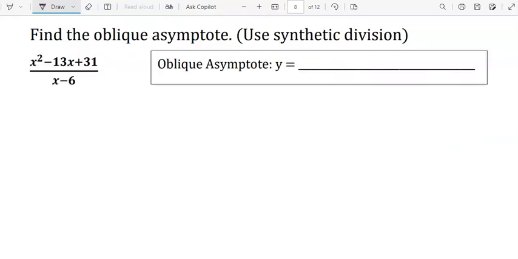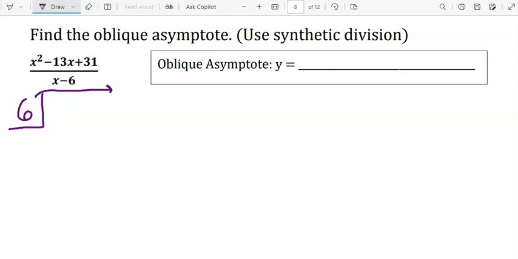Find the oblique asymptote. Use synthetic division. x squared minus 13x plus 31 all over x minus 6. To use synthetic division, we set up our box and we put a 6 inside of it.